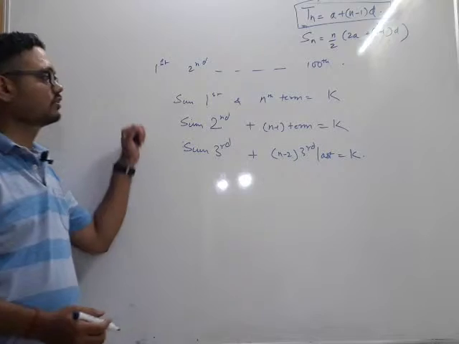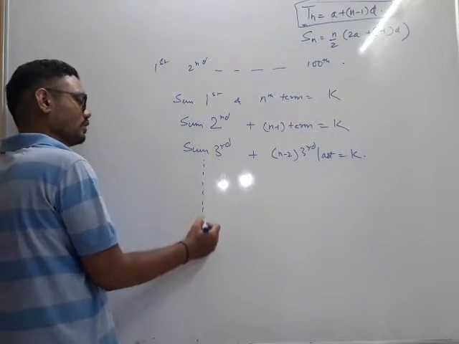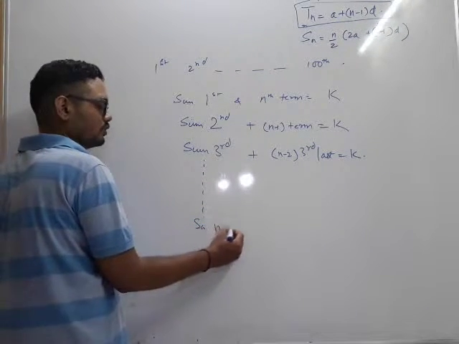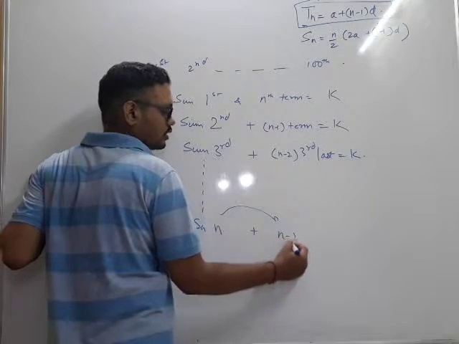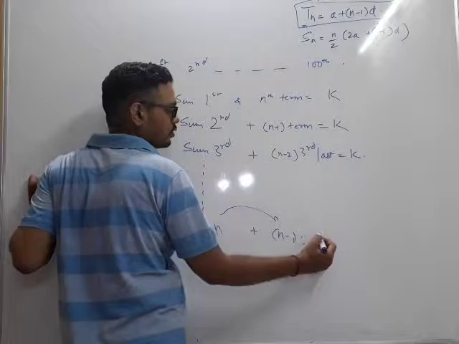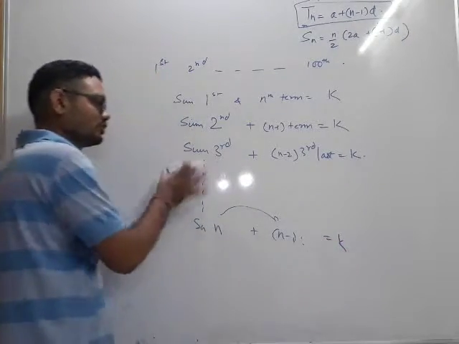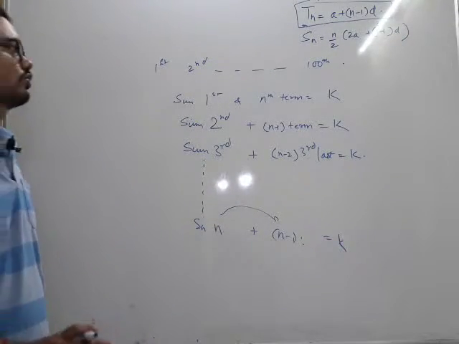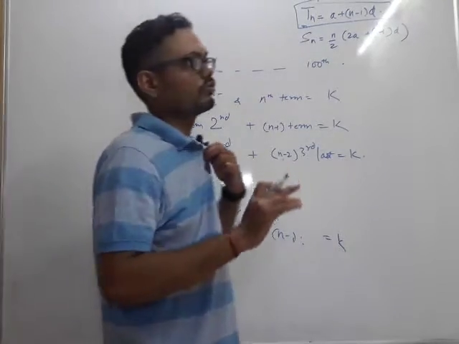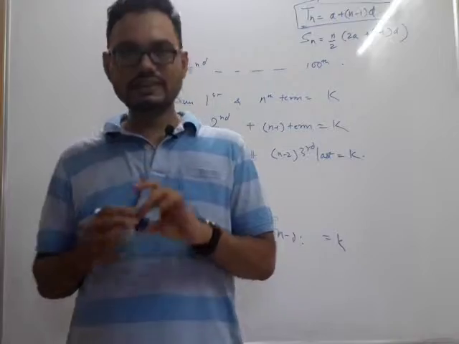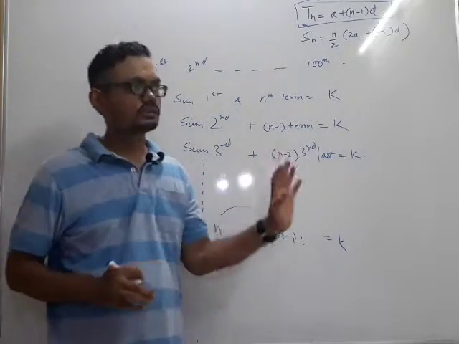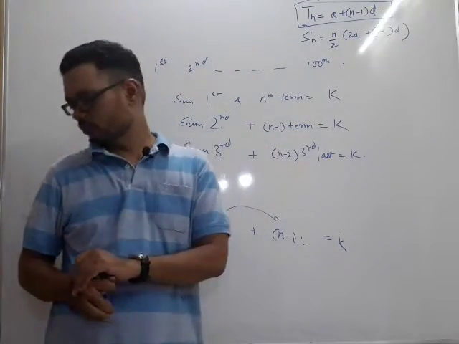Similarly the sum of any term and its opposite on the other side will always be k. This is just an observation, this is not a formula. This can help you to solve a few questions within seconds. Okay, so this is it. That is it about the basics of arithmetic progression.